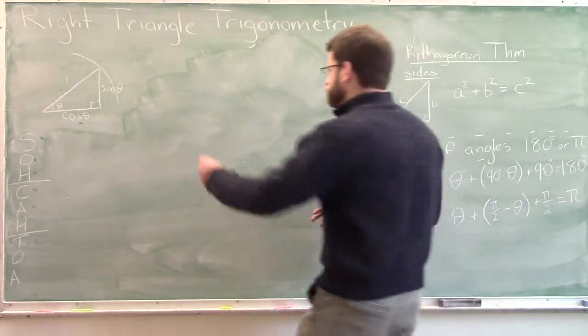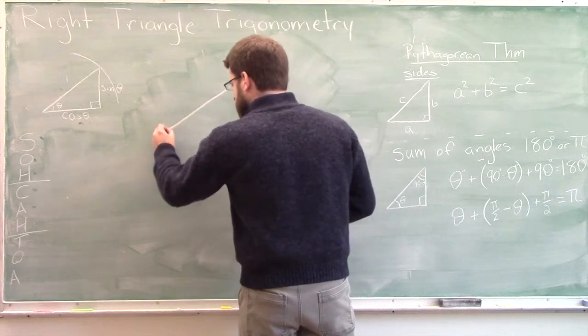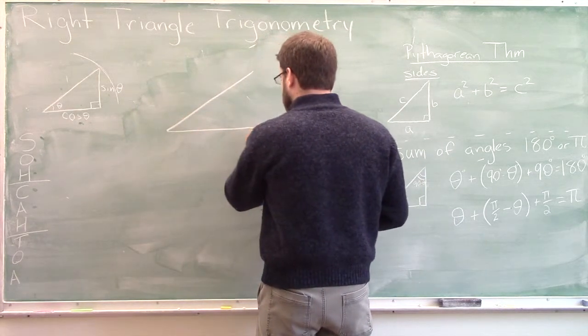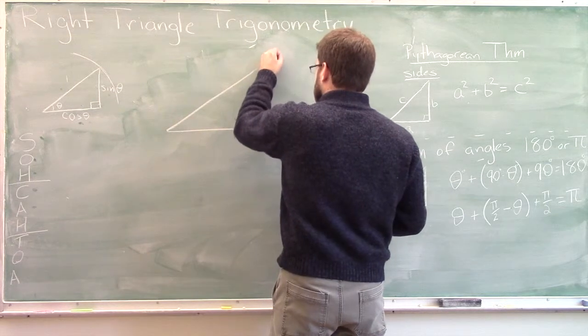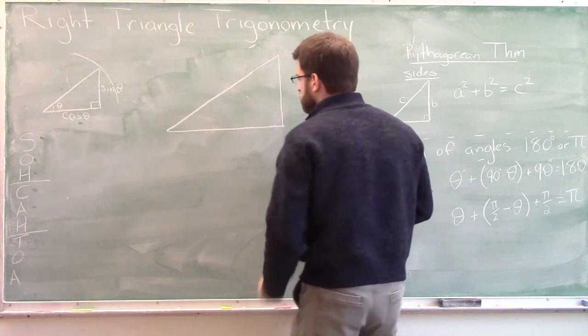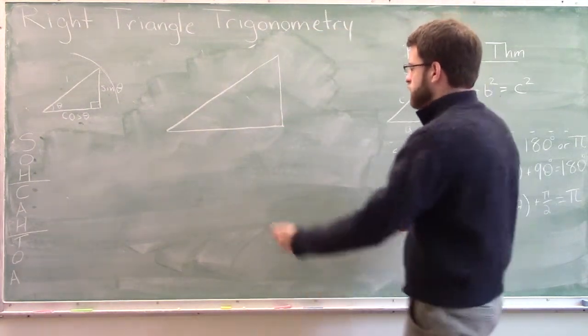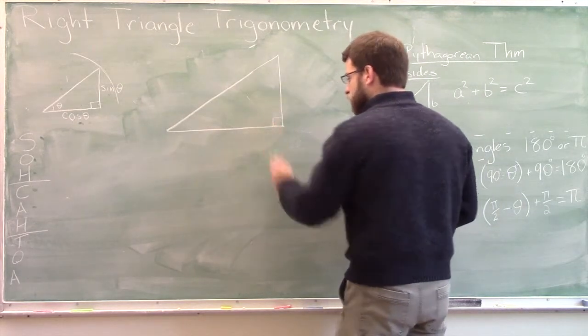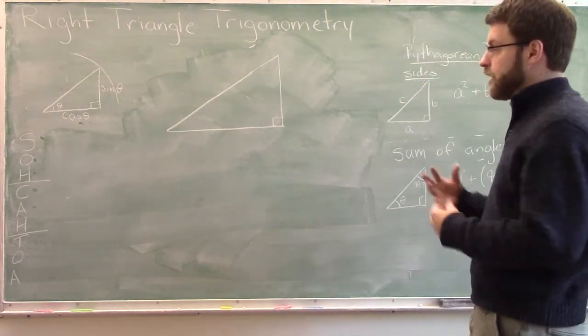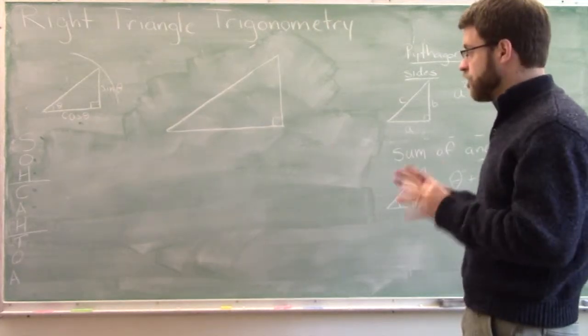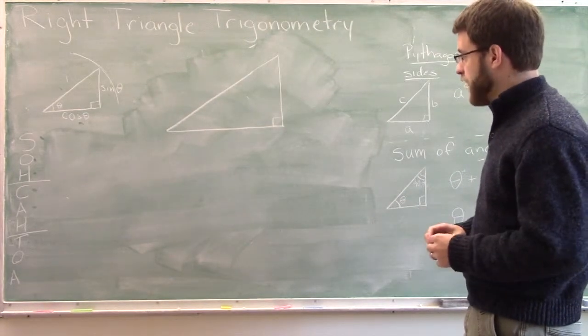Okay, so here's an example. Here's a triangle. And let's say that we know a little bit about this triangle. First, it's a right triangle, which will allow us to use these trigonometric functions automatically without any kind of extra baggage.